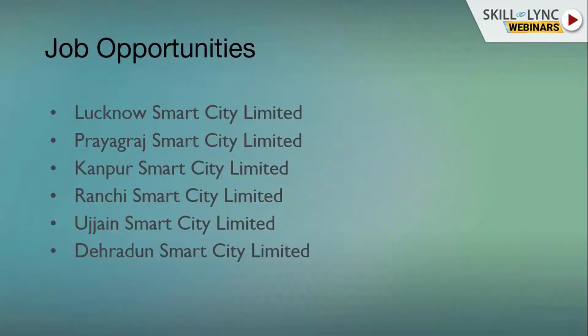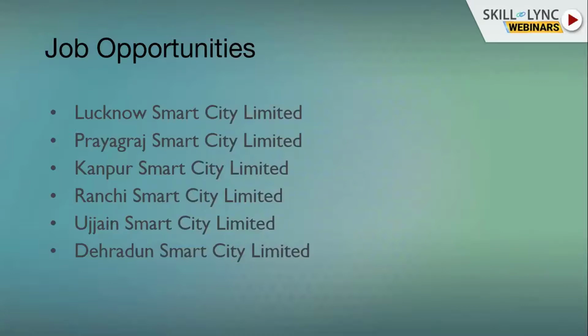It has proposed 99 smart cities in phase one, I'm saying phase one, so more and more phases are going to come, and more and more smart cities. The current government has proposed 99 smart cities spread across India.